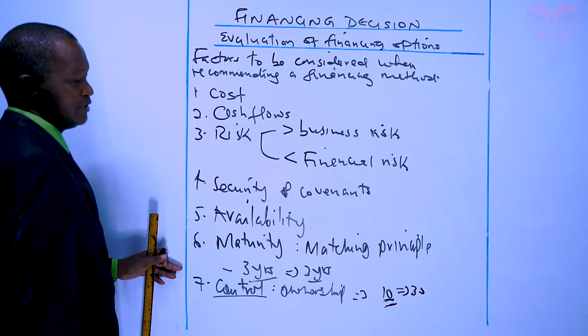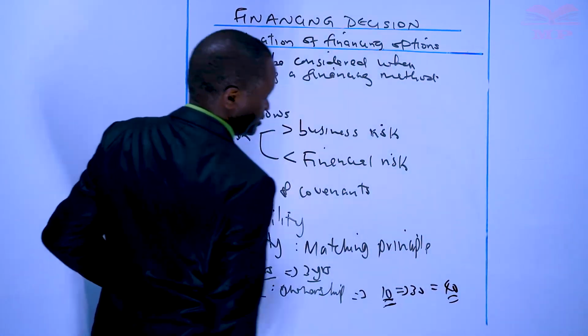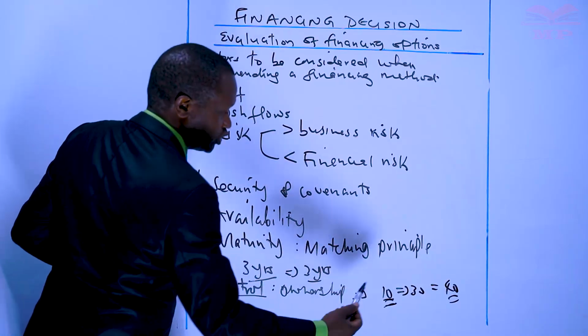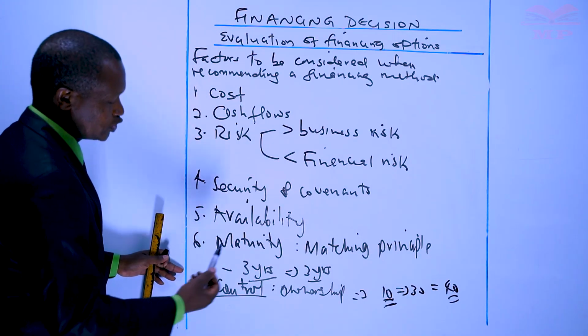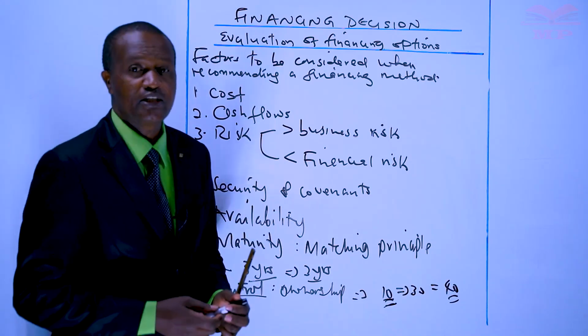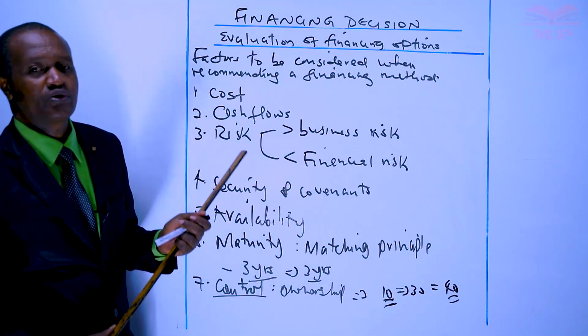All right? That means that the company will now be controlled by 40 shareholders. In such a case, we say that control has been diluted. So control or dilution of control is a factor to consider when evaluating financing decisions.